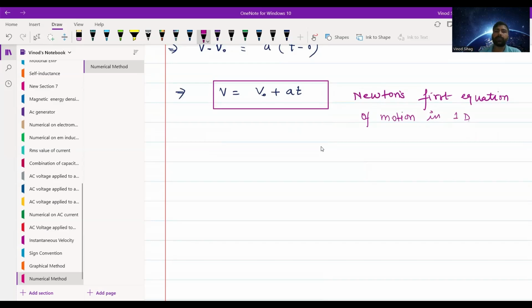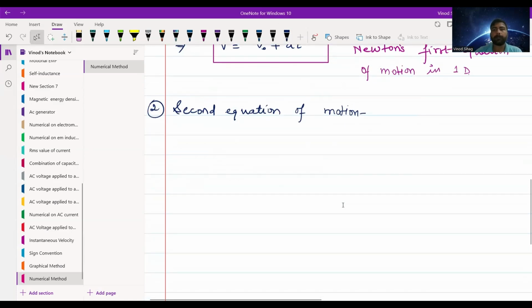Now we are going to derive the second equation of motion. Since we know that the second equation of motion can be derived by, velocity can be written as, one second, velocity v equals dx by dt, where x is the displacement in one direction, or we can say in x direction, and t is the time.